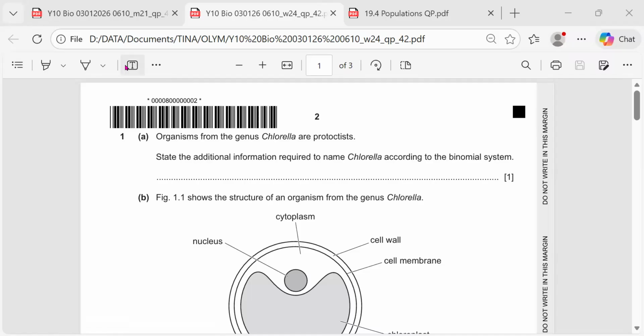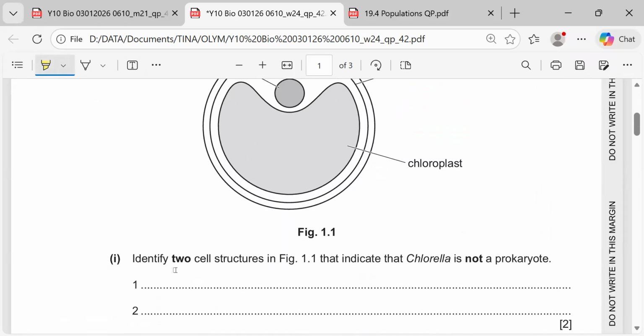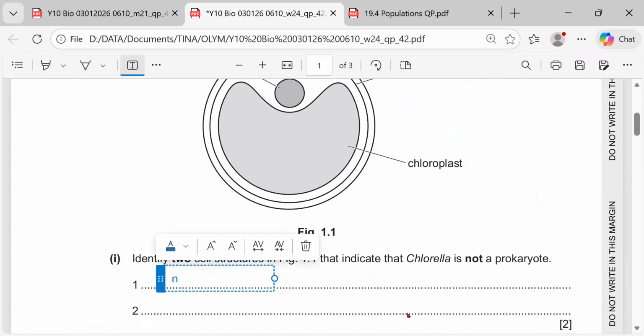The only answer you need to put is species. This is a protoctist. Protoctists are not prokaryotes. Remember, protoctists have a nucleus and they can have animal-like or plant-like cell structure. Cholera is not a prokaryote. It has a nucleus and chloroplast.